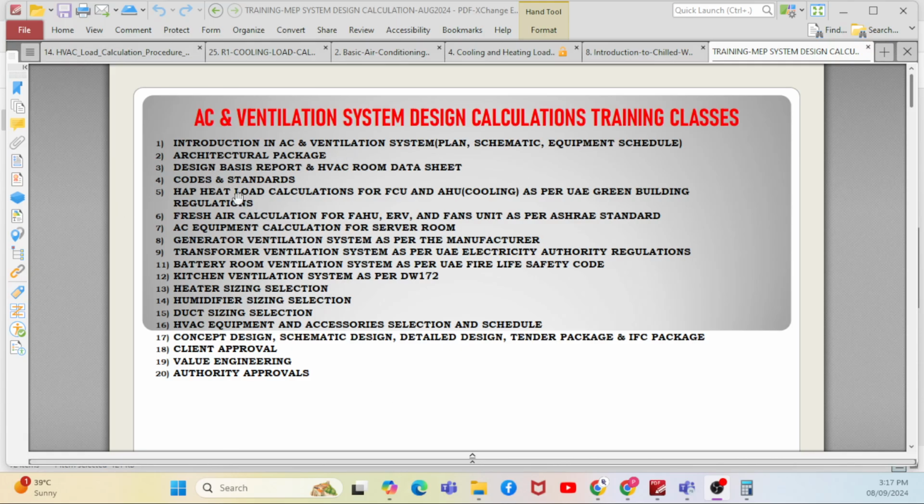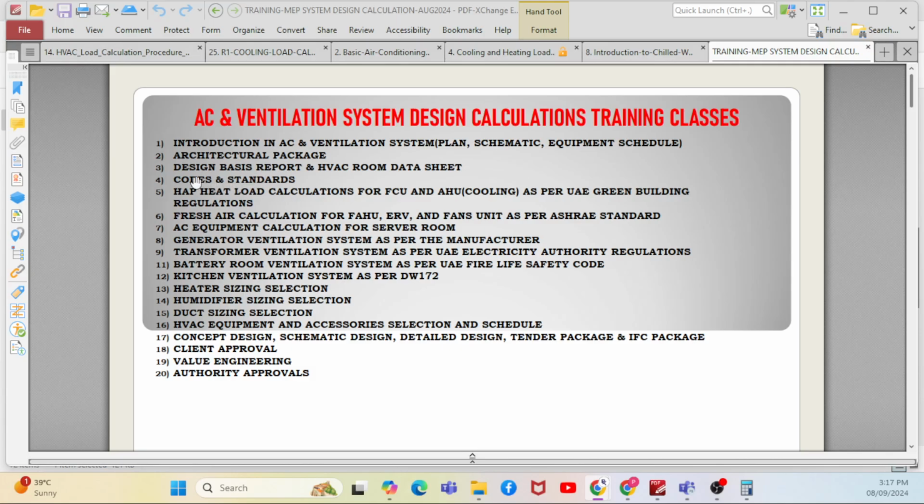Then after that we will talk about codes and standards. Say for example, if you are working in a local country, say UAE or Saudi Arabia or India, each and every country has local codes and international standards, right? Say for example, for HVAC, we have extracted from ASHRAE.